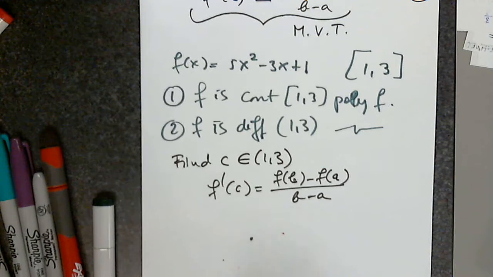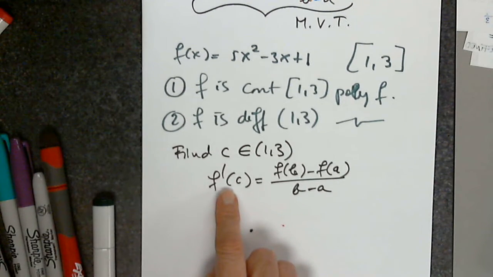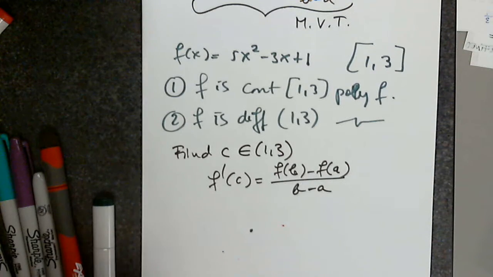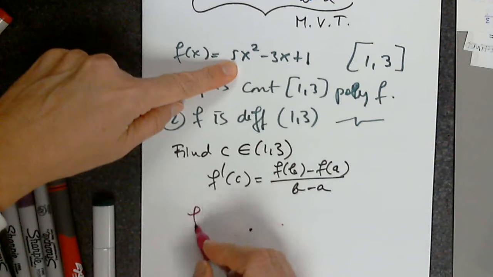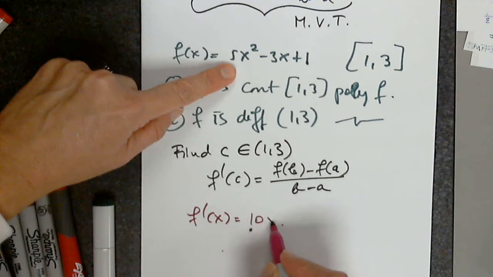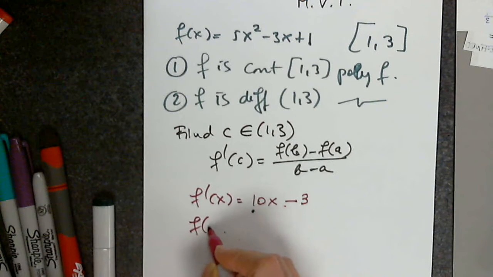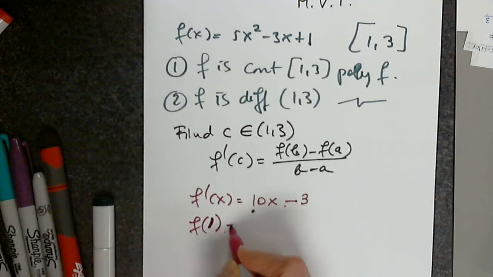So I have to find f of b, f of a, and f prime of x. Can anyone give us f prime of x? 10x minus 3. Very good. Can anyone give us f of 1?